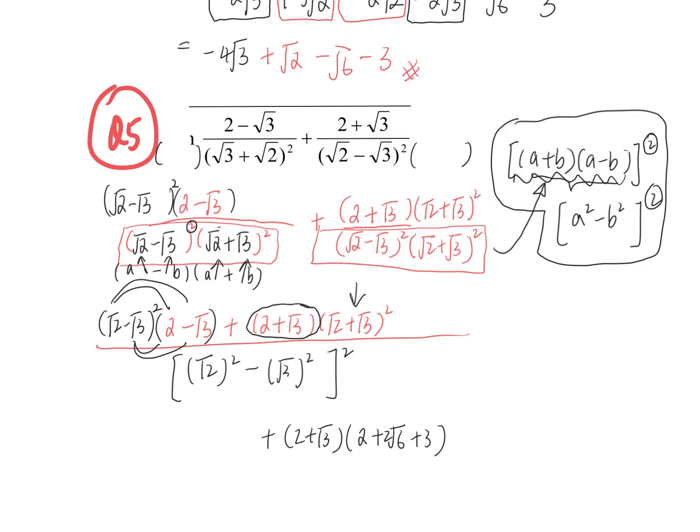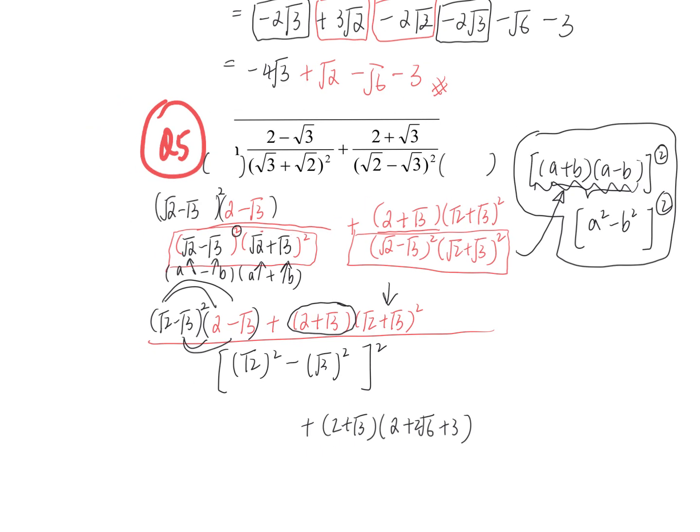Okay, I will show you the other way if you find this tougher to understand. The other way is to go and expand the denominator first, simplify it, then rationalize. That is the other way of doing. Okay, so this one you just do.